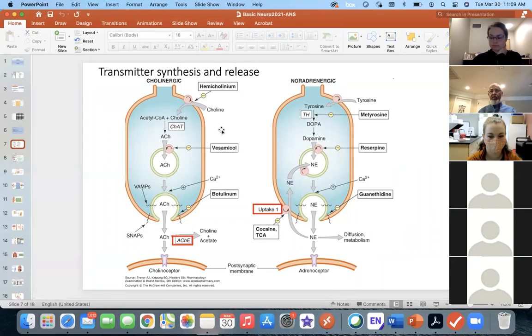That transmission process is a chemical process we call synaptic transmission. In most of the cases, yes, there are some electrical synapses like gap junction, but in most of the cases, it is a chemical transmission. Now, for the chemical transmission to occur, you need a chemical substance.